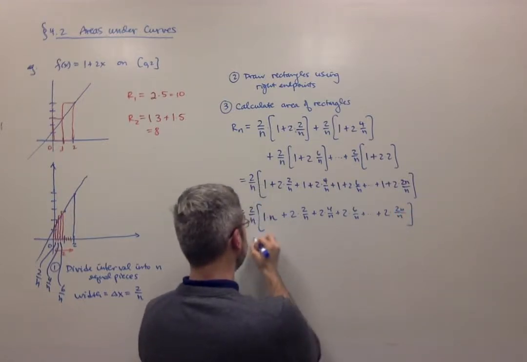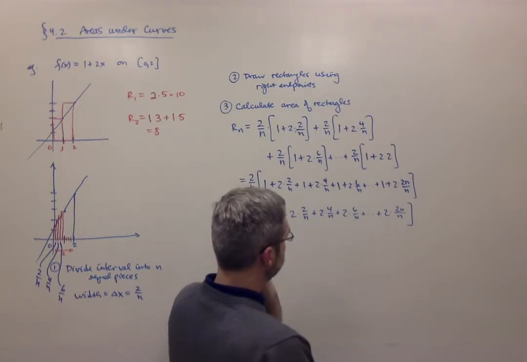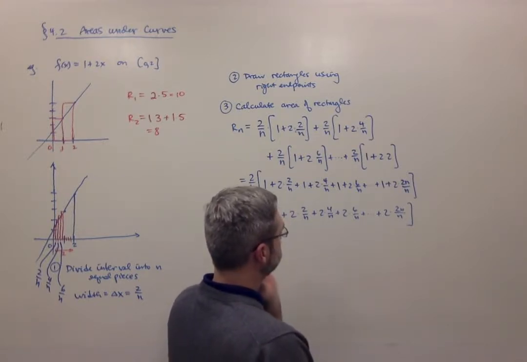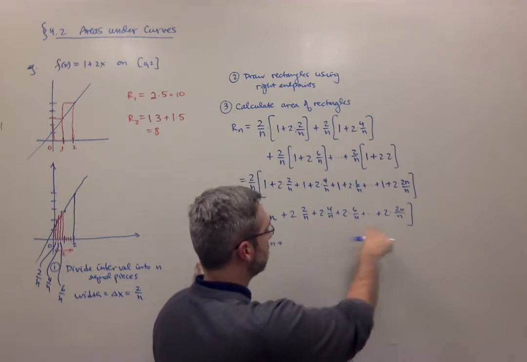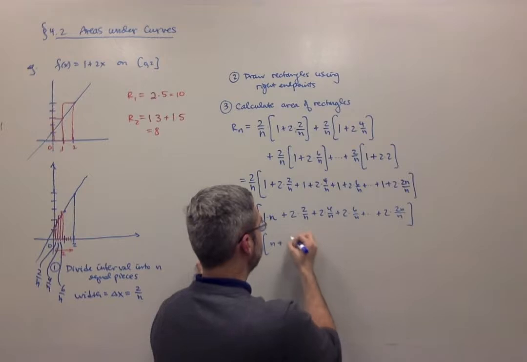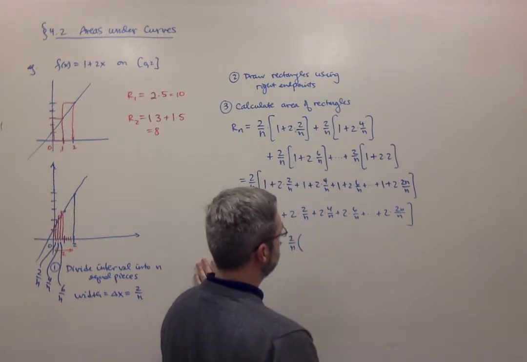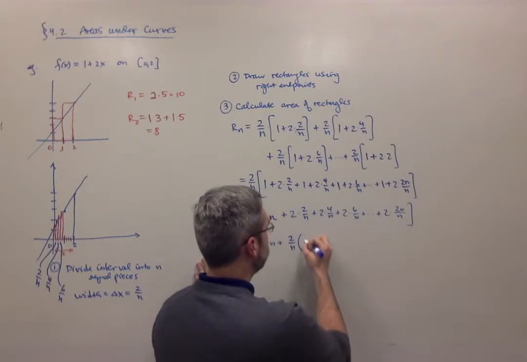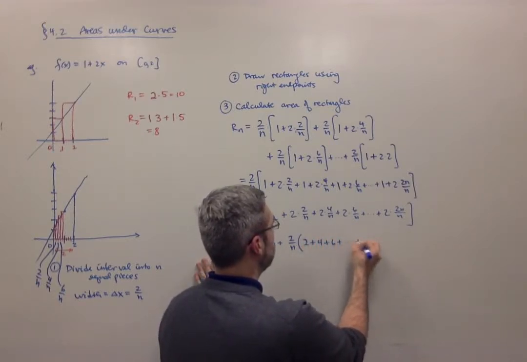That stuff, let's keep trying to make that a little bit simpler. Everything in here has a 2 over n, so let's pull out the 2 over n. And what I'm left with there is 2 plus 4 plus 6 all the way up to 2n.